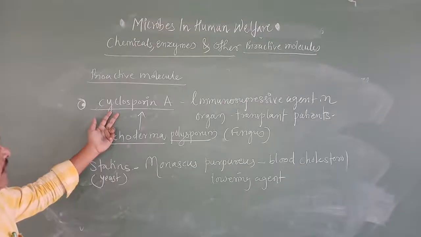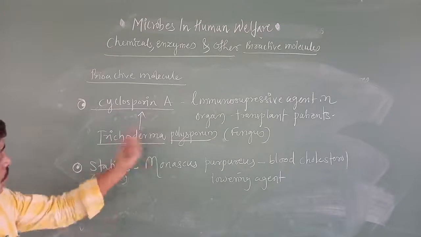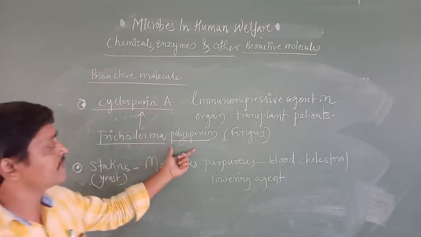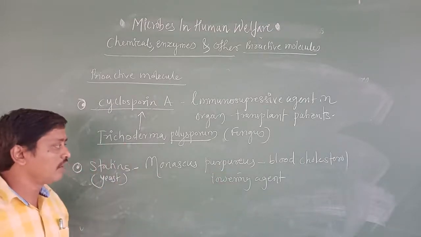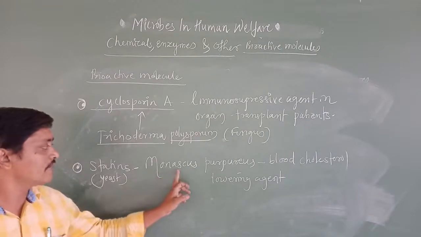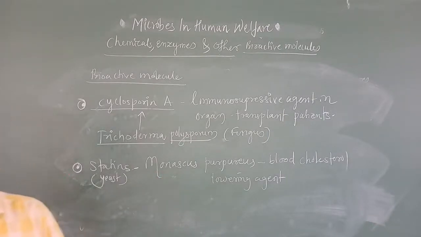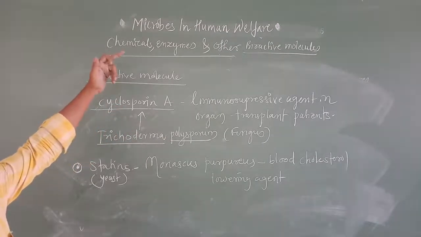So cyclosporin A is used as an immunosuppressive agent, and it is produced by Trichoderma polysporum, which is a fungus. And statin is used as a blood cholesterol lowering agent, and it is produced by the yeast Monascus purpureus. Okay, this is about today's concept, microbes in human welfare.